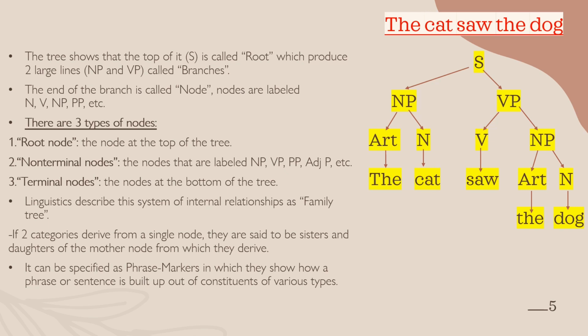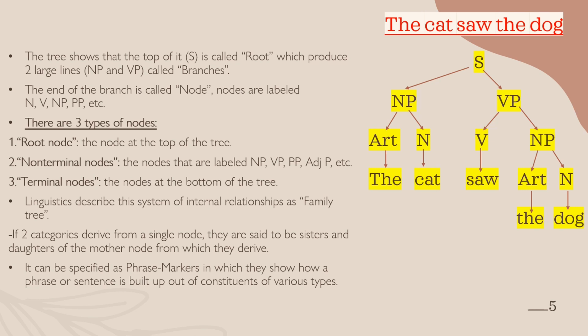There are three types of nodes: root node, non-terminal nodes, and terminal nodes. The root node is the node at the top of the tree. Non-terminal nodes are the nodes that are labeled noun phrase, verb phrase, prepositional phrase, adjectival phrase, and so on. Terminal nodes are the nodes at the bottom of the tree.